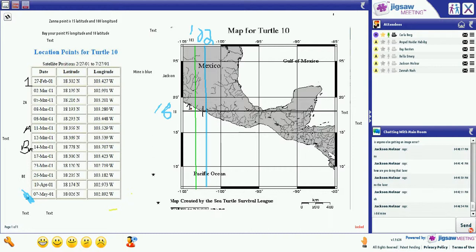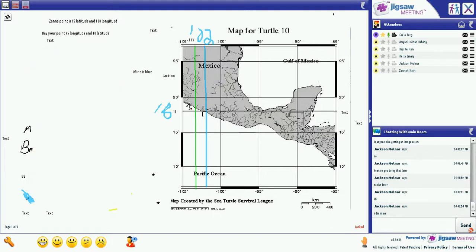Okay, so this is probably going to make it easier. So I'm going to get rid of that. I'm going to give you guys new points. Okay, Jackson, you found yours already. Xana has hers. Bay. Now, Bella, let me give you a new point. Your point is a latitude of 10 and a longitude of 100.